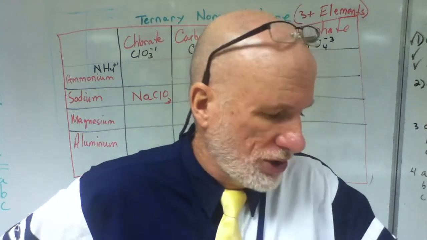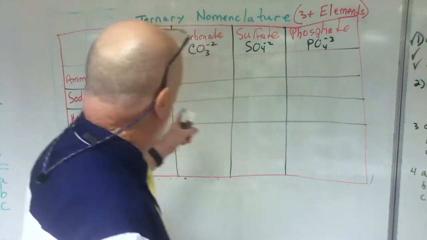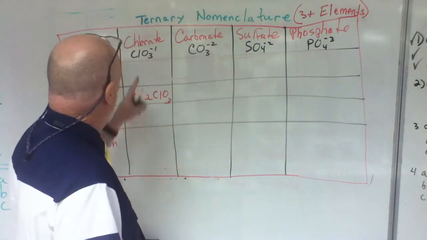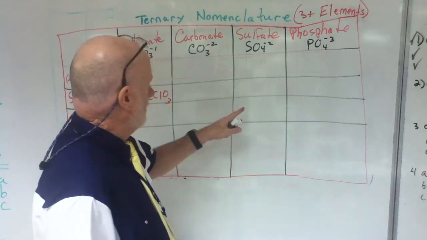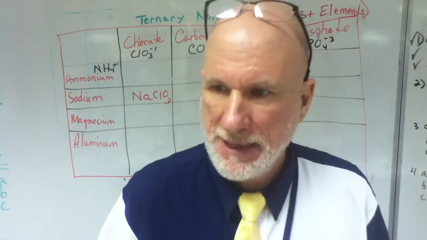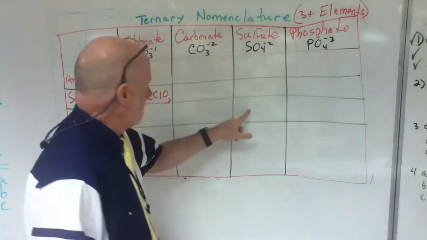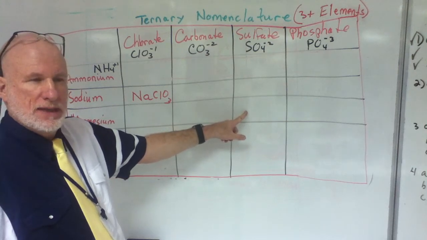So this is what I want you to do for homework. I want you to do this chart. A, B, and C, just like the others, right? So what would part B? Let's do some part B's, right? Yes, part B. What would part B be for this? What would the name of that be?